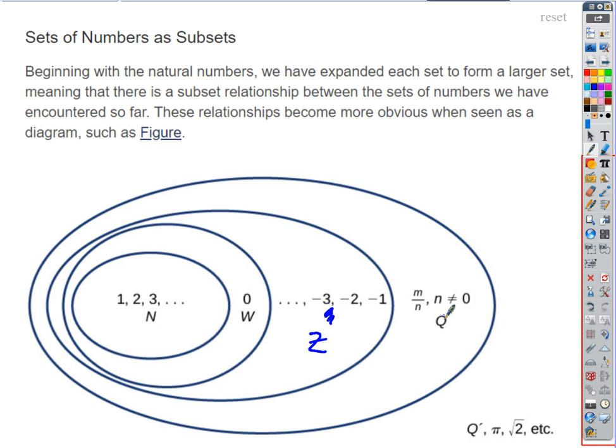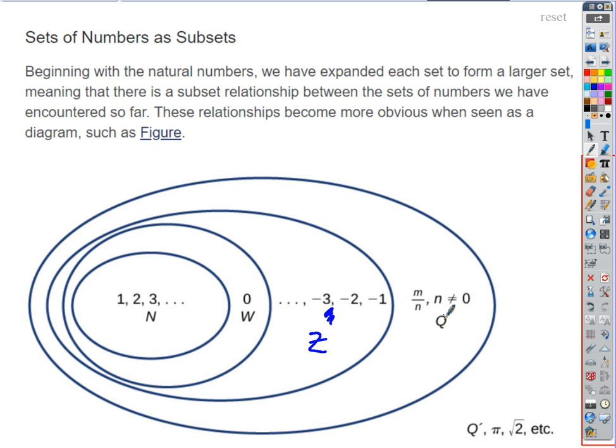Now what about all the real numbers that can't be written as fractions? If the real numbers that can be written as fractions we call rational numbers, what do you suppose we call all the real numbers that cannot be written as fractions? Irrational. There you go. Notice that the set of irrational numbers is outside of and separate from the set of rational numbers, right?